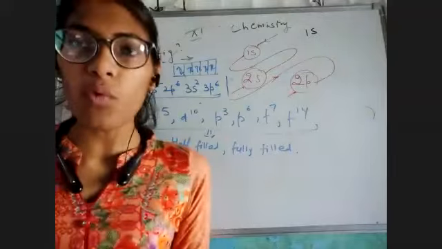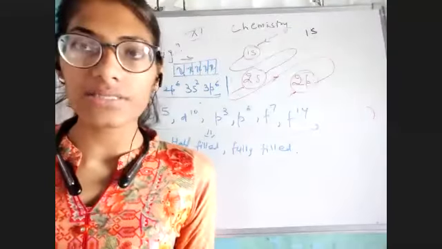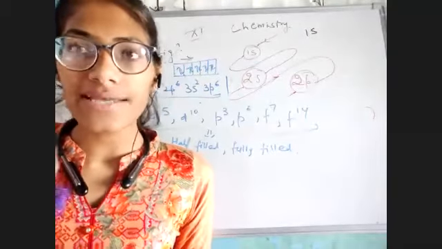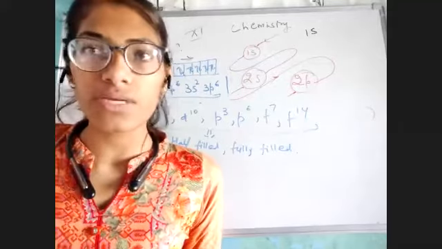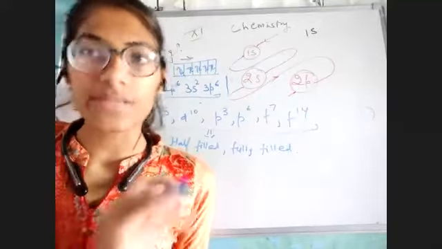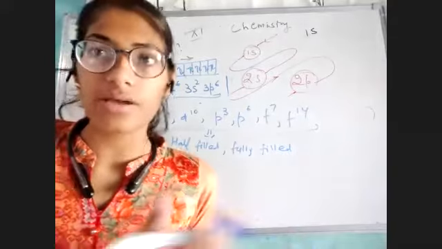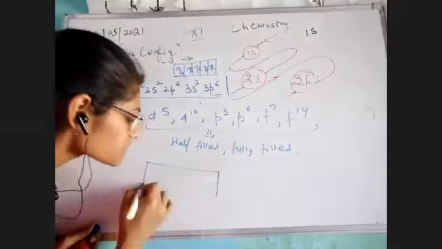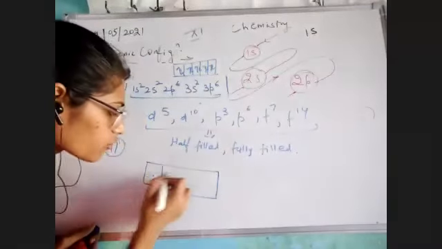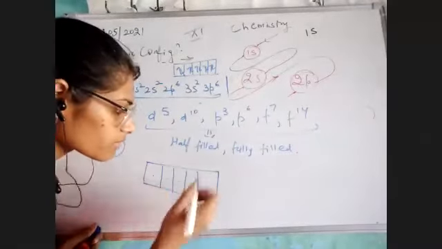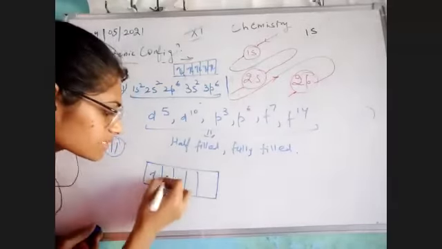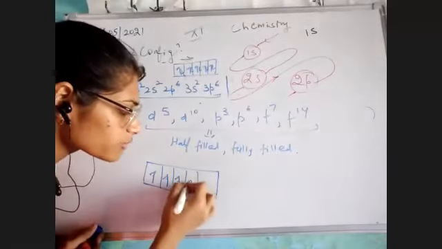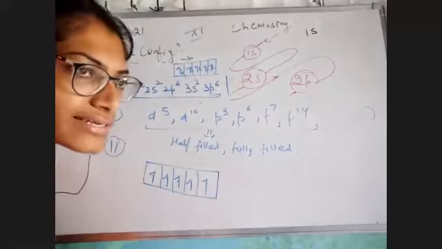This has been proven experimentally that these are extra stable, but the scientists have also given us 1 or 2 reasons to make us sure that yes, there is some reason behind this. That's why they are extra stable. They have told us that there is symmetrical distribution of electrons. What is symmetrical distribution?